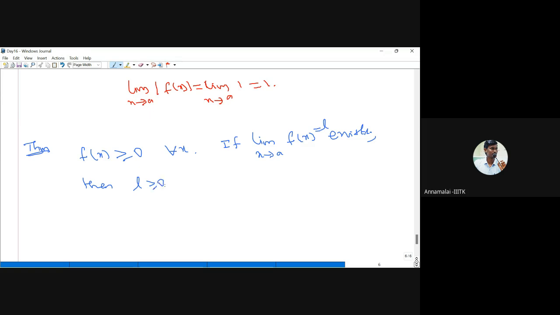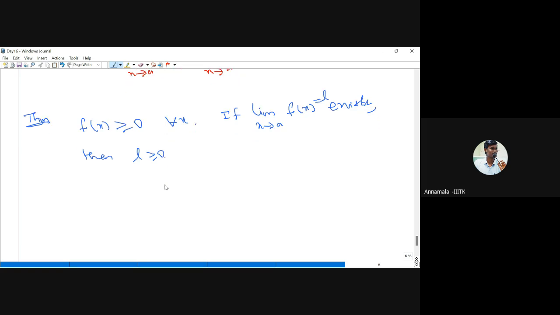If the function is greater than or equal to 0 for all points, and if the limit exists at the point x equal to a, then the limit is also greater than or equal to 0. This is our theorem. Now, the corollary of this theorem: suppose we have two functions f of x and g of x satisfying the condition f of x is greater than or equal to g of x for all x, and both have limits.